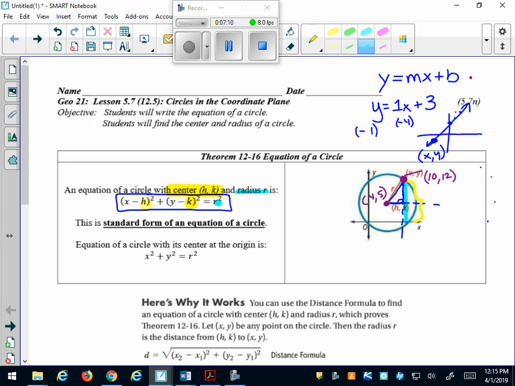How far do you go up? 12. I know some of you said it earlier, but yeah. So that distance there is 12. All right? So what is this distance here? 10. Because to get to that point, I had to go over 10 and up 12. You with me so far?